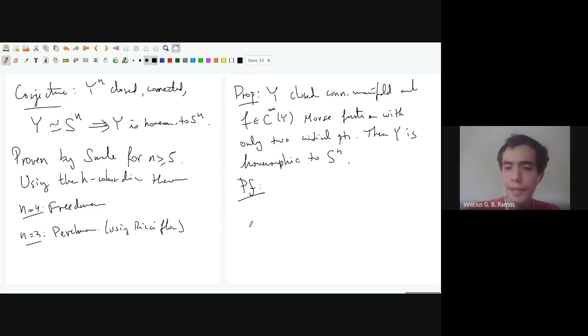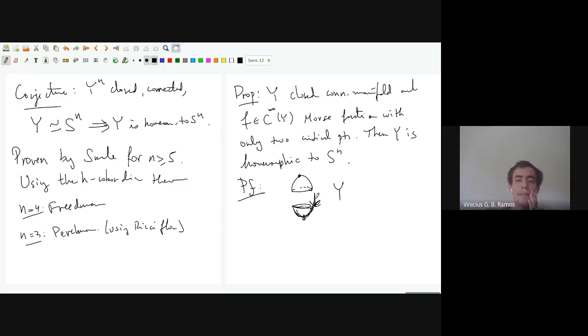And why is that? Well, if you look at a neighborhood of the minimum, I'm just going to draw it by a picture and prove it by picture. So a neighborhood of the minimum, you basically have a 0 handle. And a neighborhood of the maximum, you have an n handle. So basically this is saying that Y has only a 0 handle and an n handle, and they have to attach. How do you attach it?